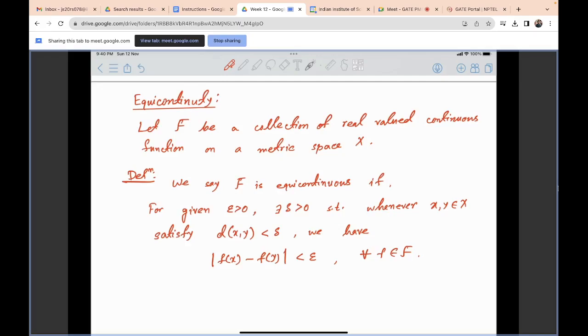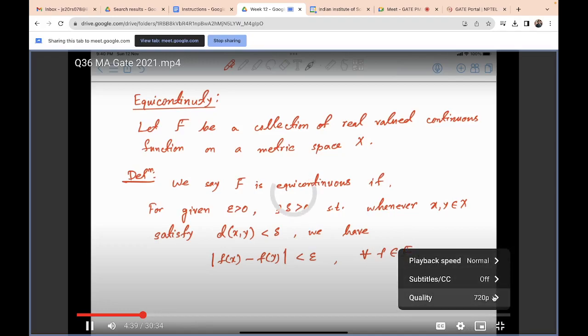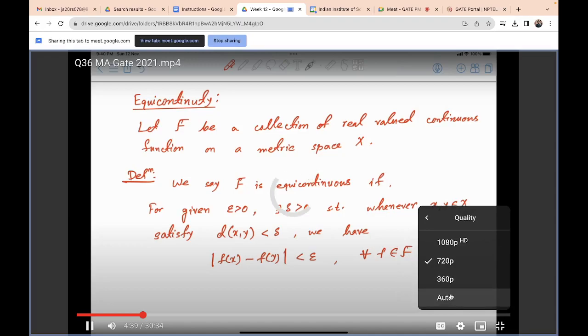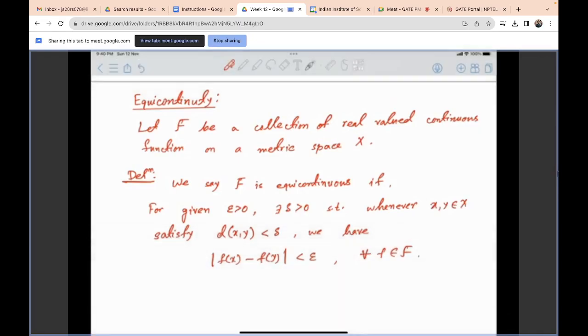What it is saying is that for a fixed x and given any epsilon, there is a delta which may depend on this x, right? So this is pointwise continuity. Therefore, in pointwise continuity, delta may depend on x.